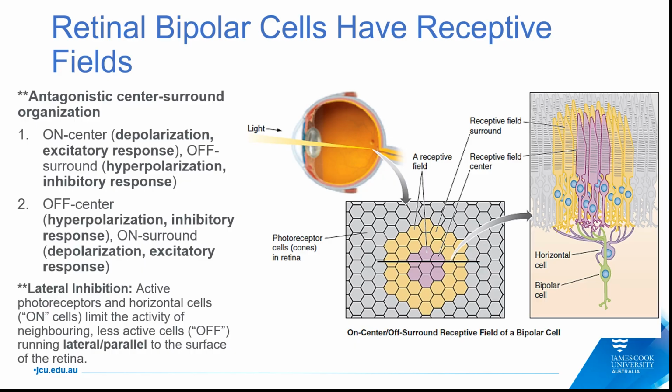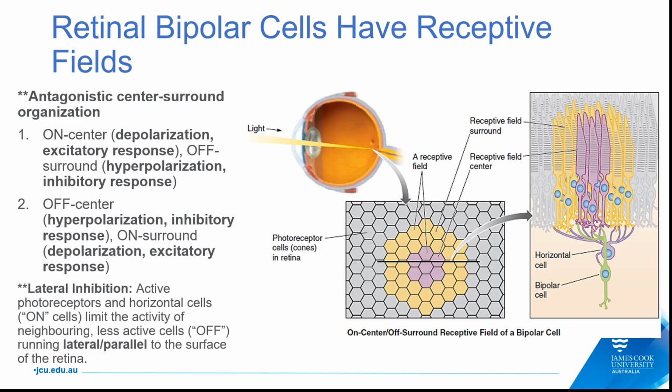When it's on, that means a bar of light, for instance, is falling on the center of the receptive field. That leads to depolarization, which means you're going to get more excitatory signaling, more release of glutamate, for instance. Then for the off-surround, the light also falls on the surrounding region, the periphery of the on-center, but only its closest region, not the entire stretch of the retina.